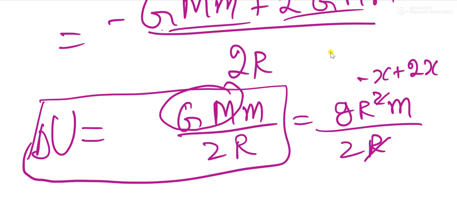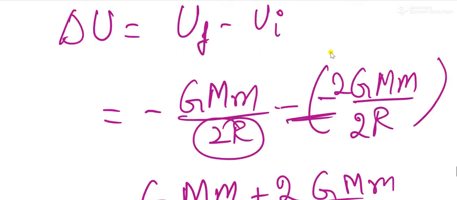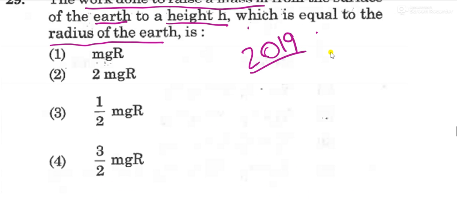This gets cancelled. So finally g R m divided by 2, where g is acceleration due to gravity, R is the radius, m is the mass of the satellite, and 2 is a value. So we are going to get the answer as mgR divided by 2.